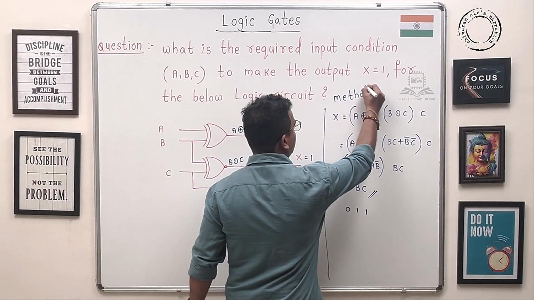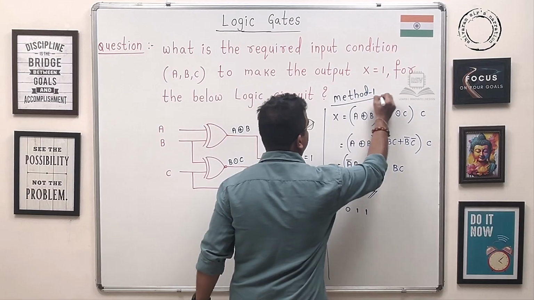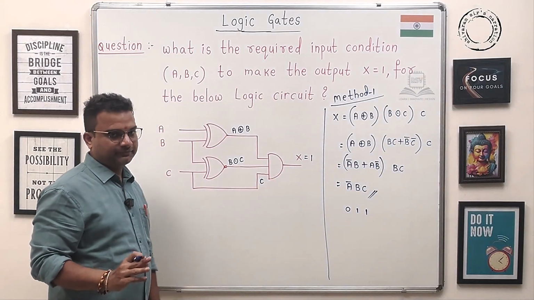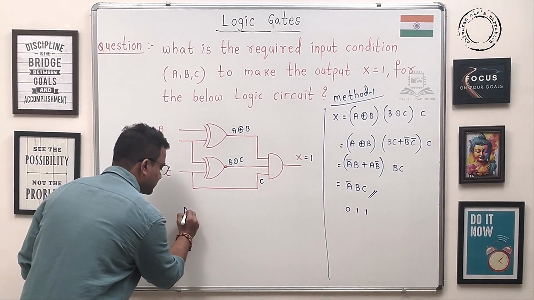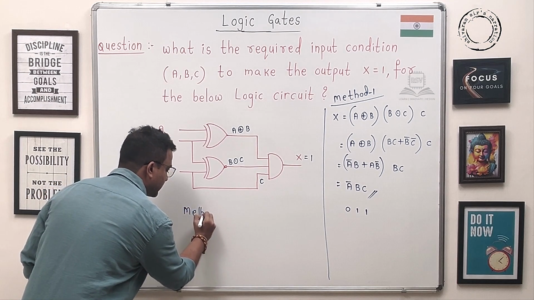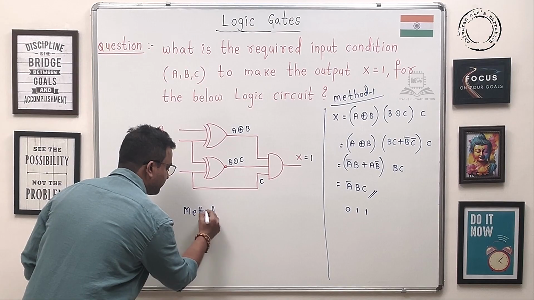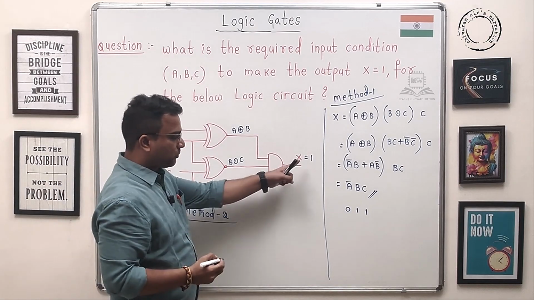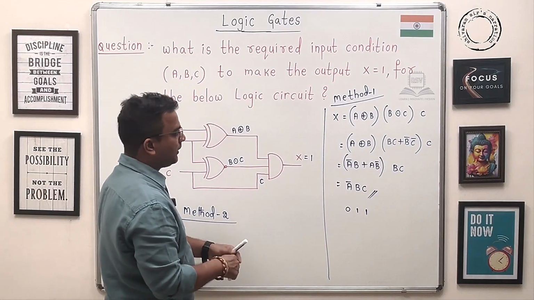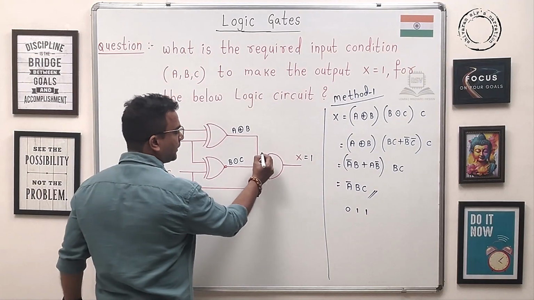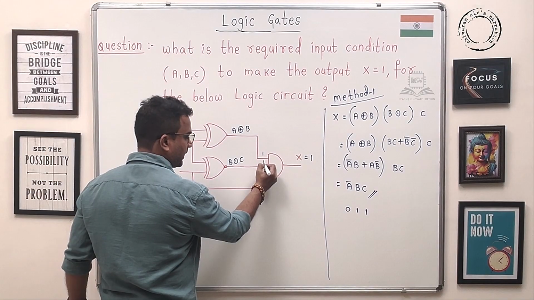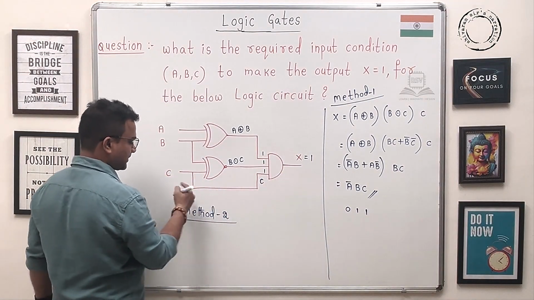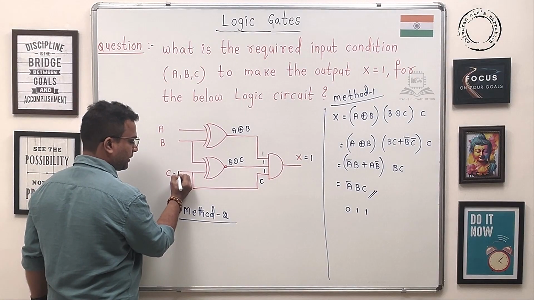However guys, to optimize the time, to save the time, we have another method. That is very simple. In fractions of seconds, we will get it. Let's see. Now, guys, output to be 1. Then for an AND gate, all the inputs must be 1, right? Then only I will get 1, no? Right. So, C as 1.